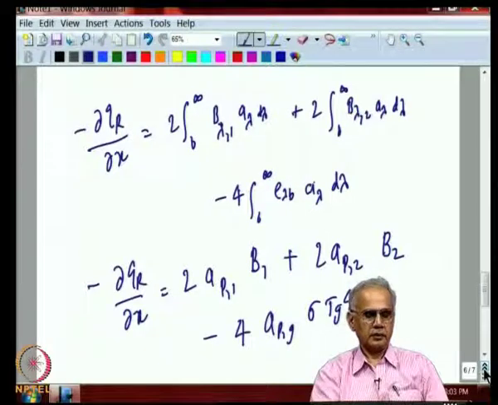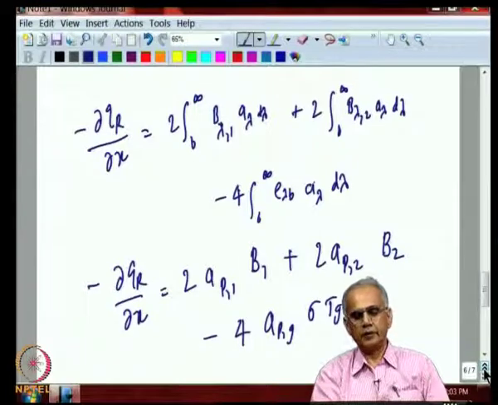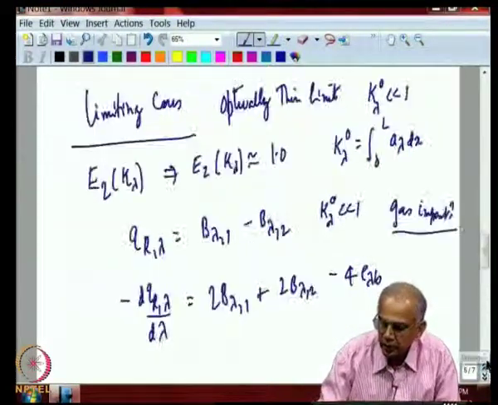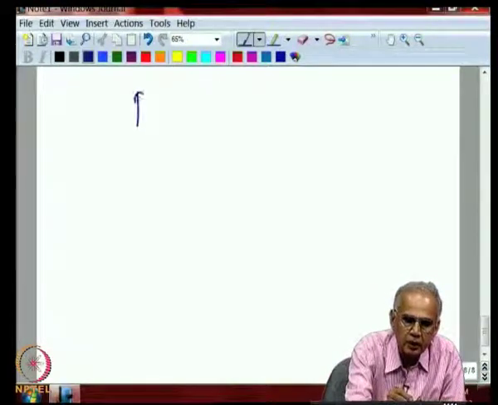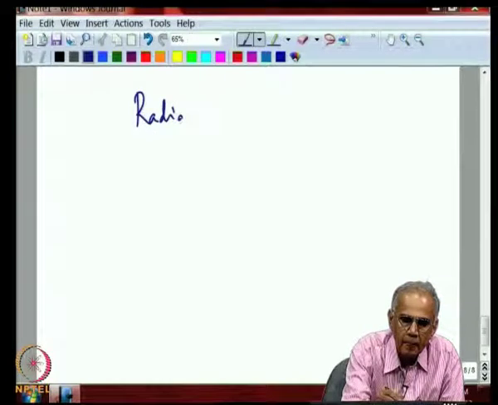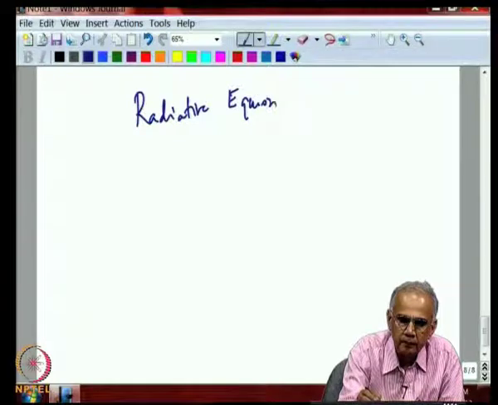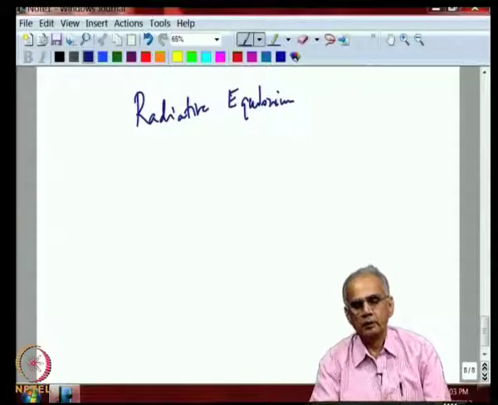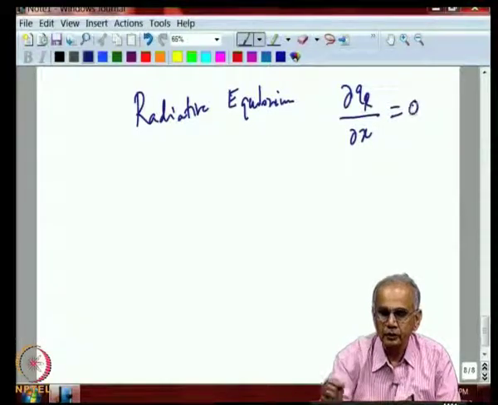Now, we can take a simple example to illustrate this. Suppose the system is in radiative equilibrium. This will mean a system for which the divergence of the radiative flux is equal to 0.